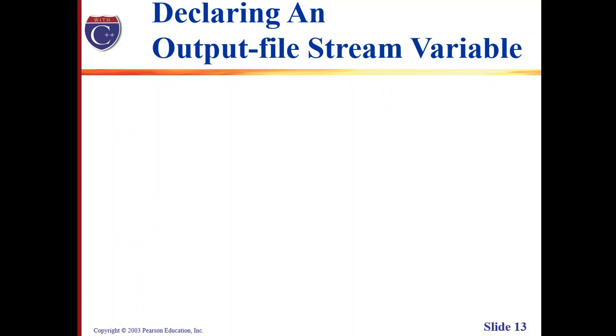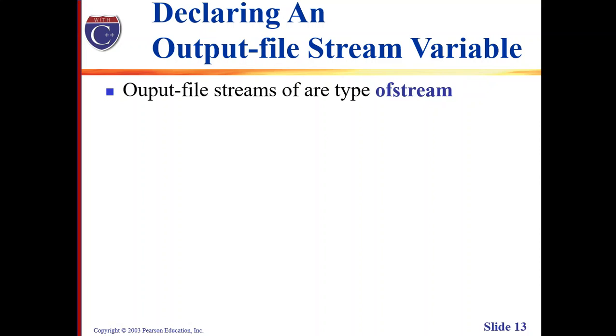Now, how do we declare an output file stream variable? Actually, the entire process is quite similar, only that this time we are declaring a stream variable which will be connected to a file which will contain the output of our program. Output file streams are of type ofstream. So a while ago, if you will recall, for input file stream, it was ifstream.